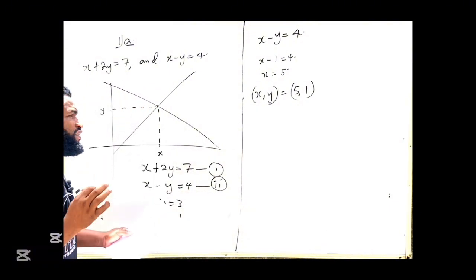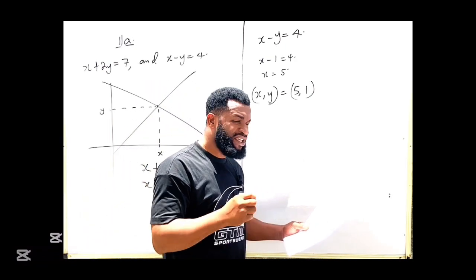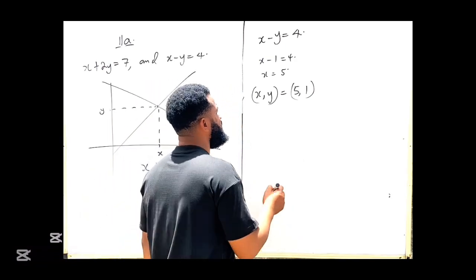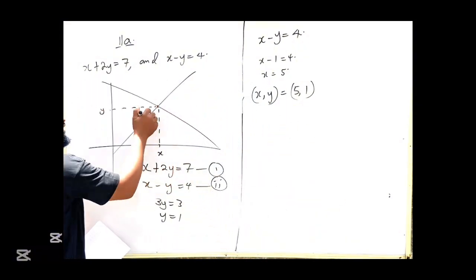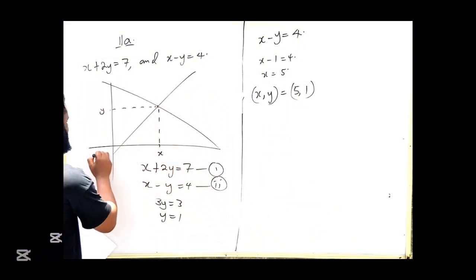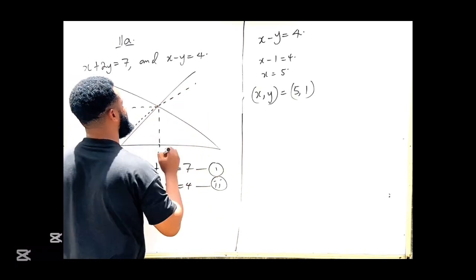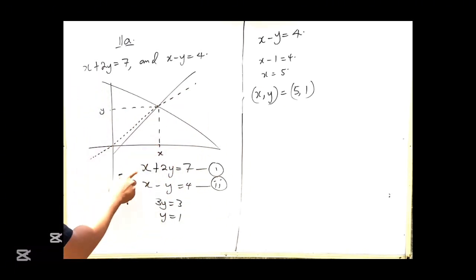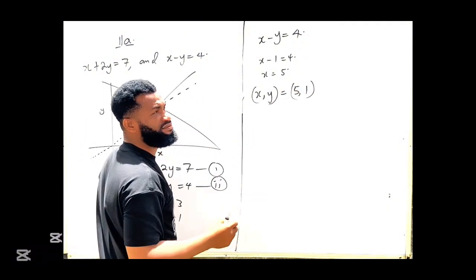But remember, what I am asked to find is the equation of the line that passes through the origin and intersects at this point. That means the particular line I am looking for is this line. So the line also passes through x and y being 5 and 1.